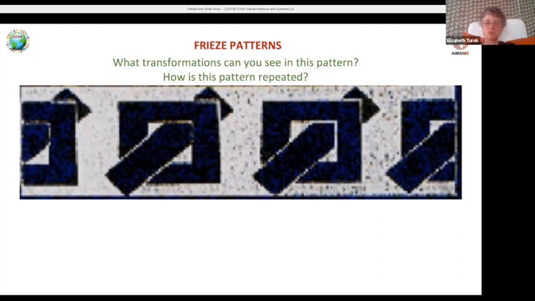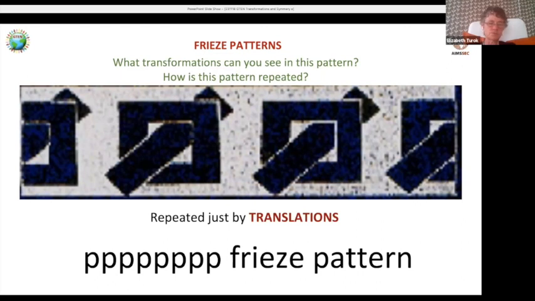Yes, translation. So it's not at all easy to see what that is. But if you look at the PPPPP, you'll see that there's no symmetry. If you take a single P, there's no symmetries in it at all, because even if you go through the middle of it, it hasn't got a stick going up to match the stick going down. And that's just a translation.